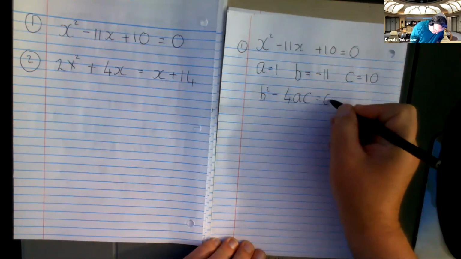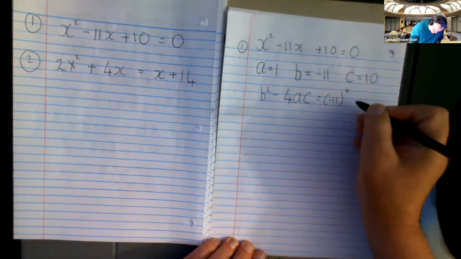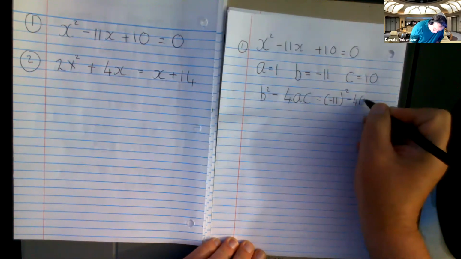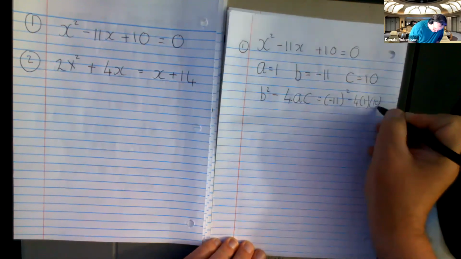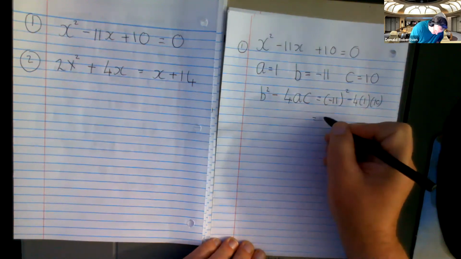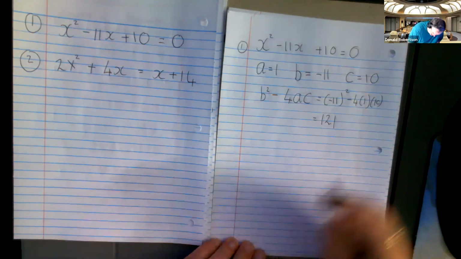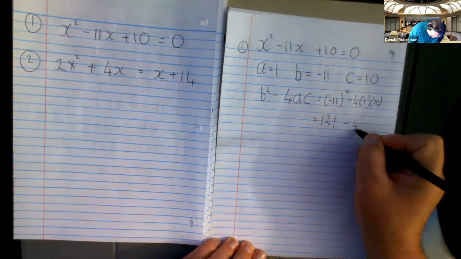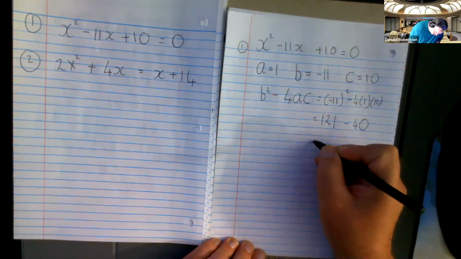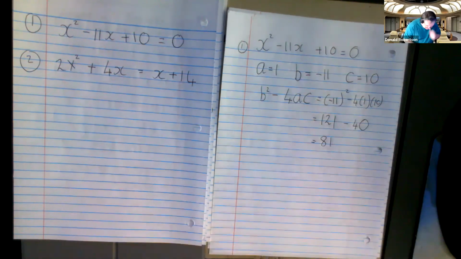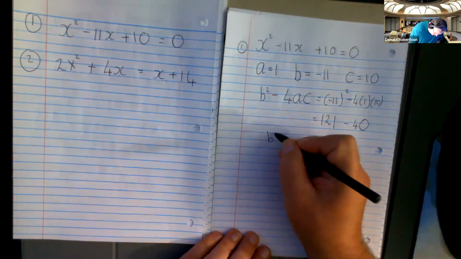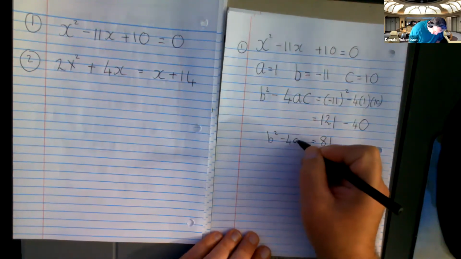It's -11 squared, take away 4 times 1 times 10. -11 times itself is 121, and you take away 40, and that gets you the really nice answer, 81. So we like that, because 81 is a nice number inside the square root.